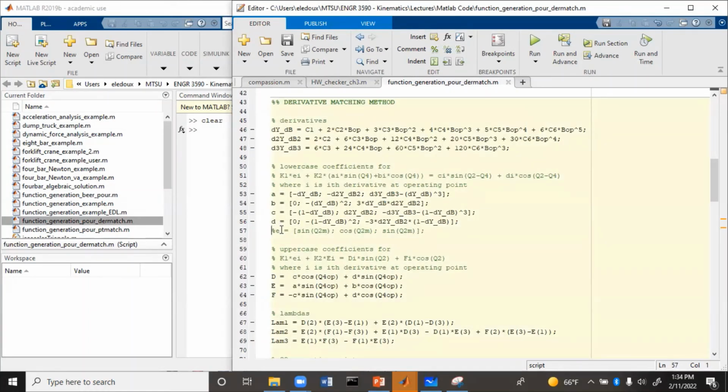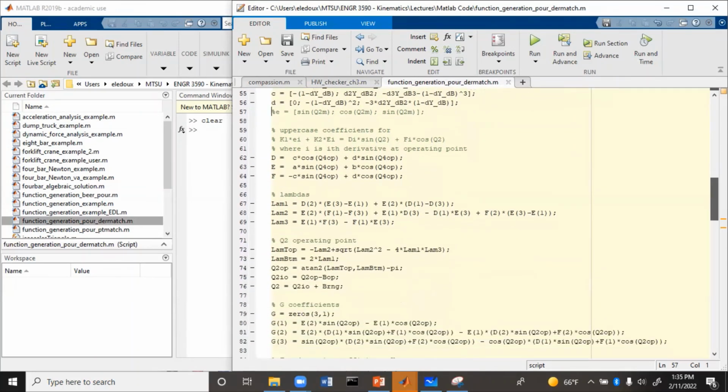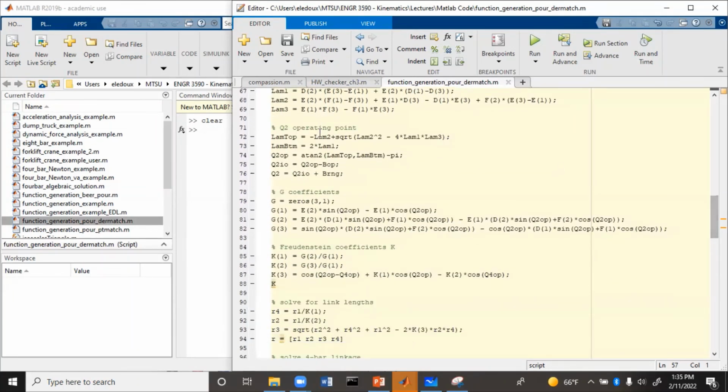Turns out you don't need E. Then I plugged in equations for the uppercase coefficients, the lambdas, and note that all of these are matrices because we have first, second, and third derivatives. Then I figured out that operating point, then the G coefficients, then the Freudenstein coefficients, and then finally solved for the link lengths.